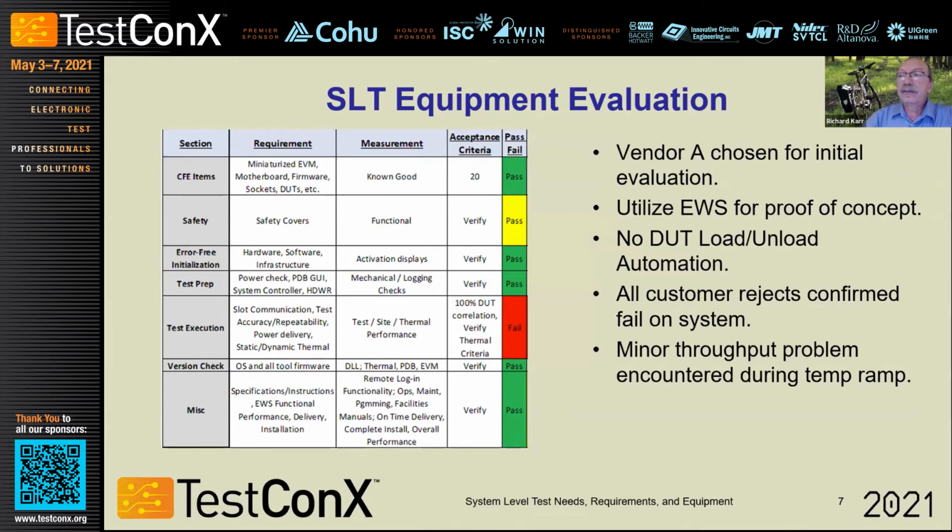The yellow, of course, relates to a safety issue that we were only able to identify once the system was on site at TI. So that's why there's a yellow. The vendor eventually did resolve that safety issue.